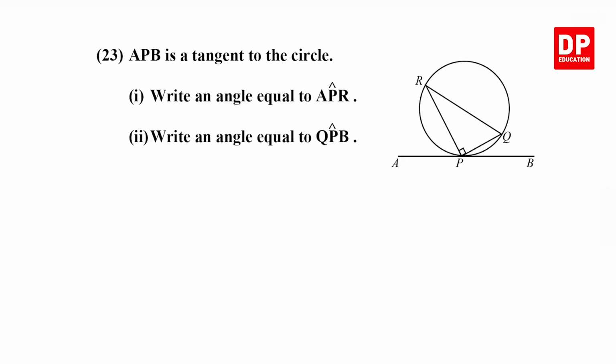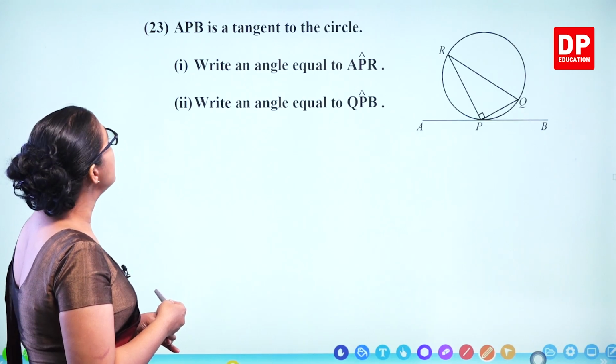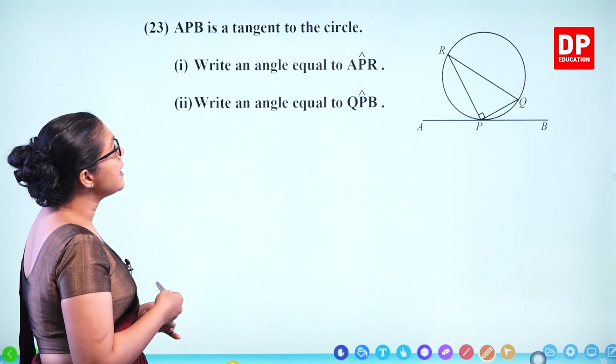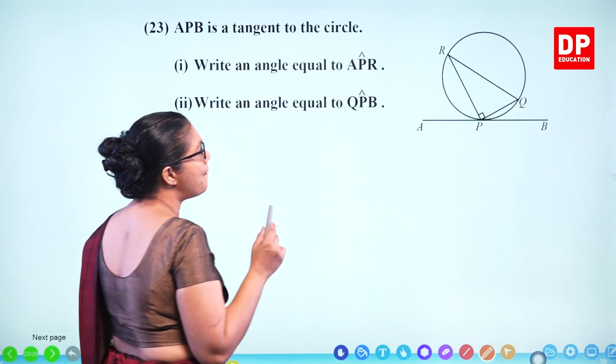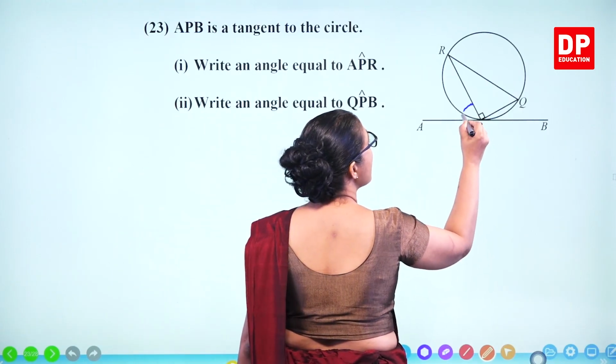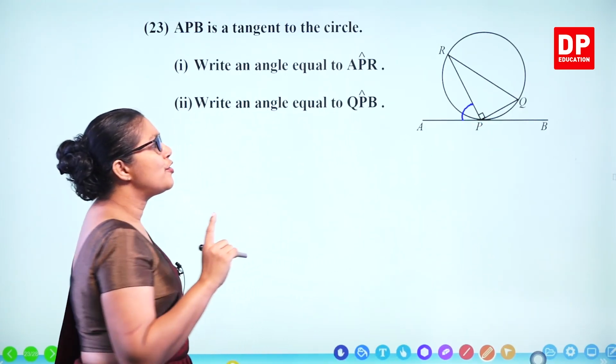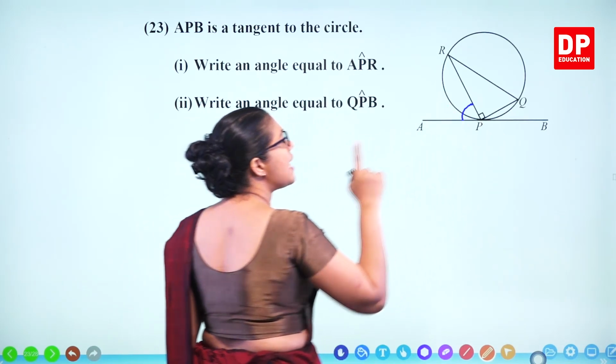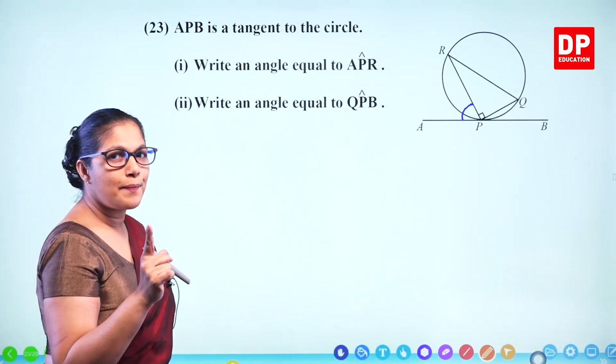Question number 23. APB is a tangent to the circle. Write an angle equal to APR, this angle. What do you know about the angle between a tangent and the chord?